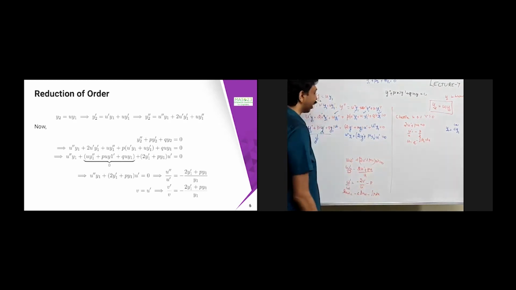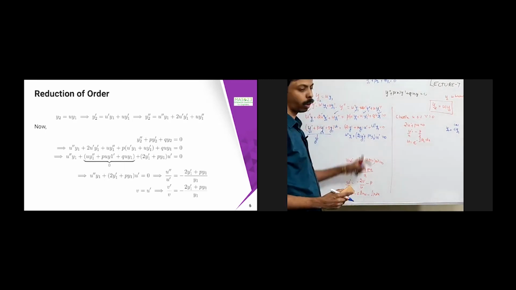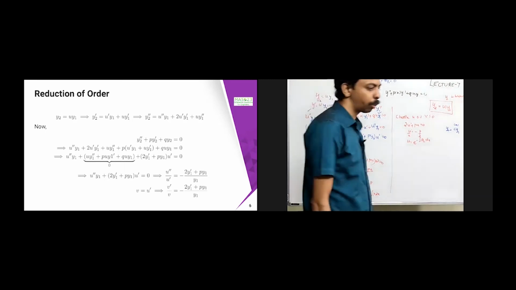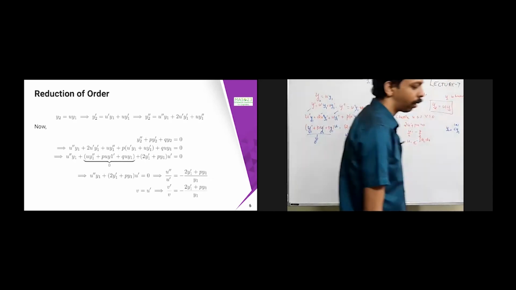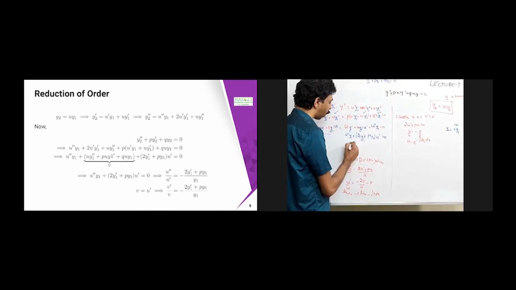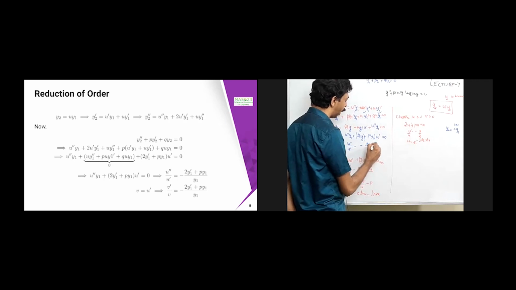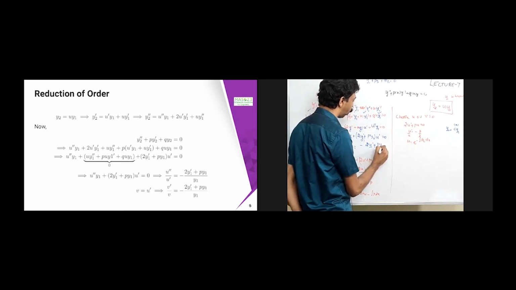Here y1 is known, y1 dash is known. So I am going to rewrite this equation as follows: u double dash divided by u dash equal to minus 2 y1 dash plus p y1, divided by y1.